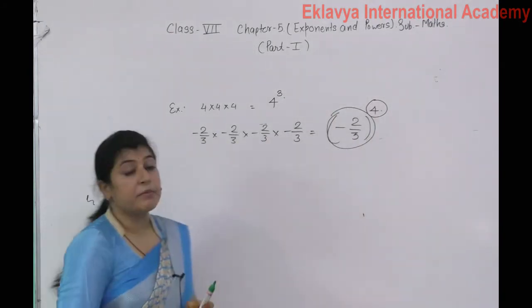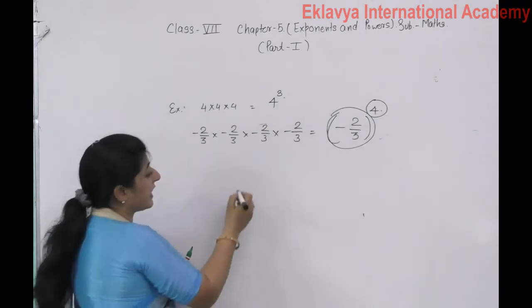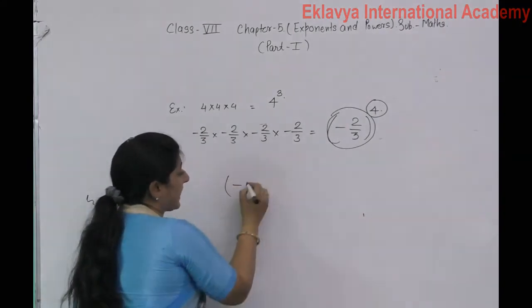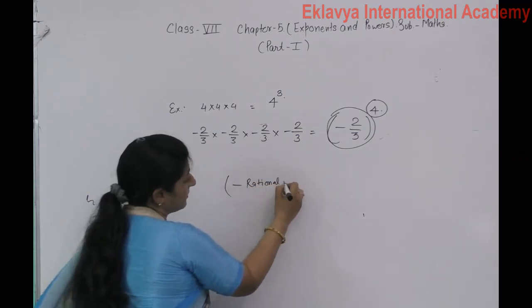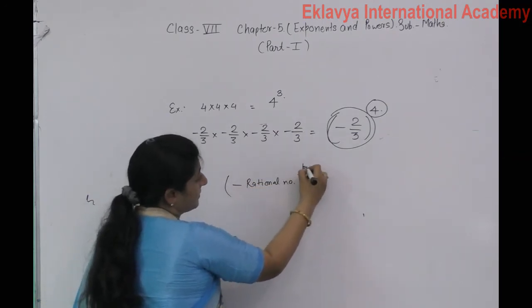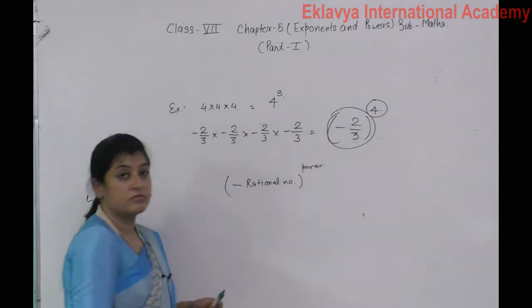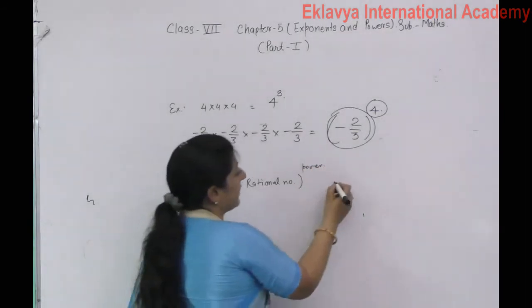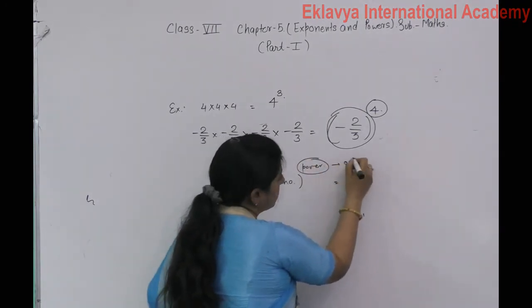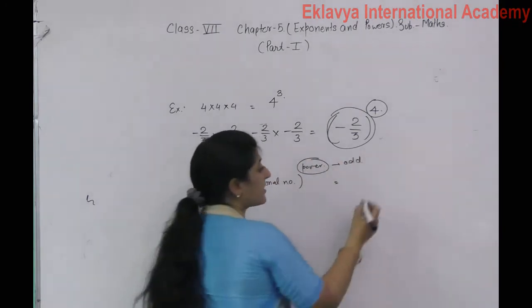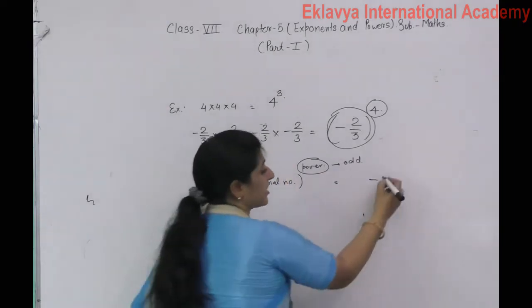Now remember one thing here: whenever we take a negative rational number with a power or exponent, if the power is odd, then your answer will be a negative rational number.